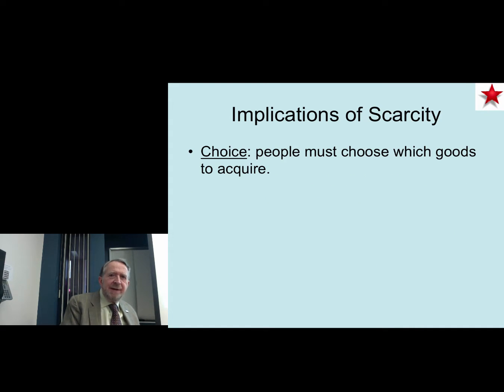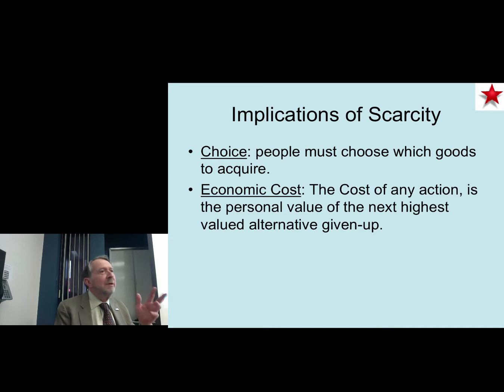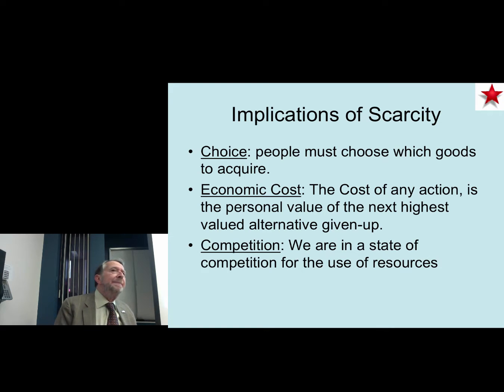Good. So implications of scarcity are: 1, you have to make choices. 2, you incur economic costs in making that choice. And 3, we are in a natural state of competition with each other for the use of these scarce resources. We're in constant competition because of scarcity.